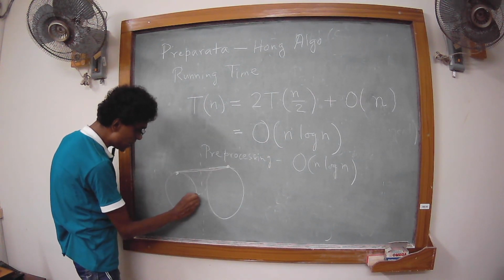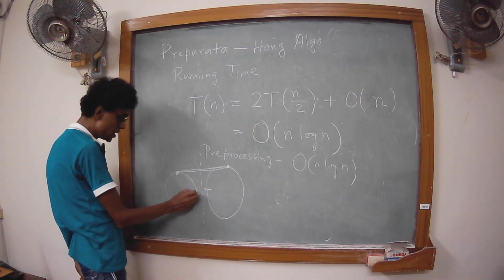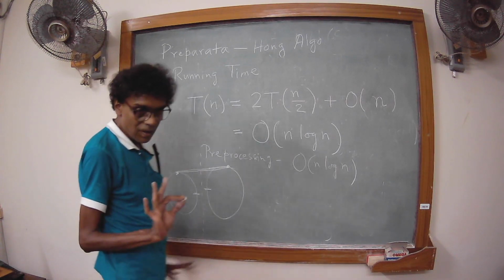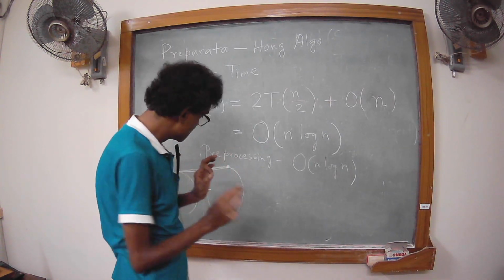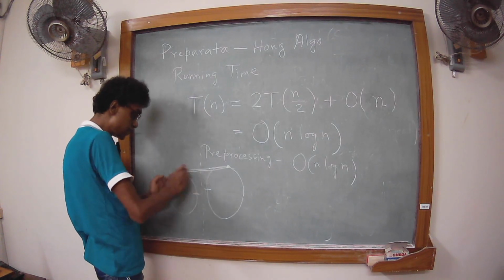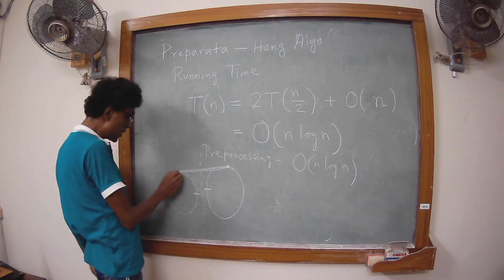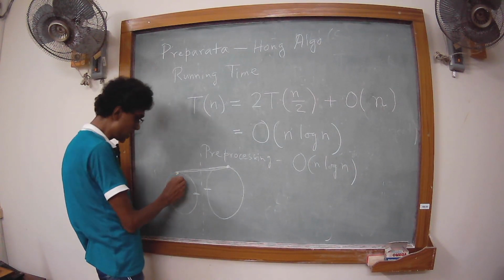P moves from here, the rightmost point, Q moves from here, the leftmost point. Then, what you have to prove is that in this movement from here to here and here to here, you never overshoot the common point of tangency.